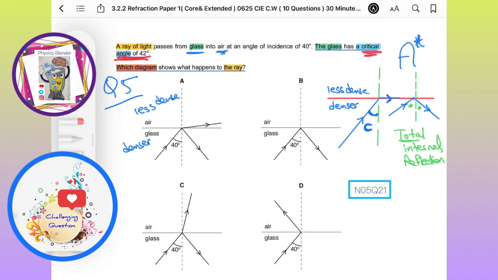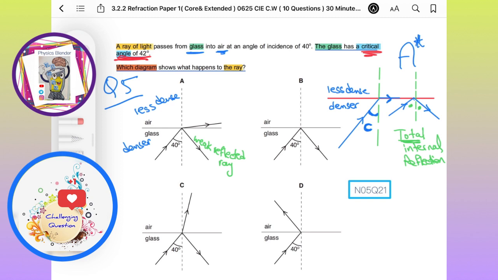Why do we call it total? Because in normal refraction, some rays are refracted into air and some weak light rays will be reflected, like this one, the weak reflected ray.